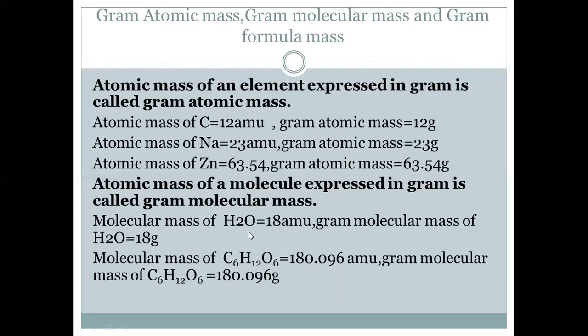We will use the term molecular mass of water: 18 AMU. But if we represent it in gram, 18 gram, it is called gram molecular mass of water. Similarly, the molecular mass of glucose is 180.096 AMU, but if we represent it in grams, 180.096 gram, it is called gram molecular mass of glucose.